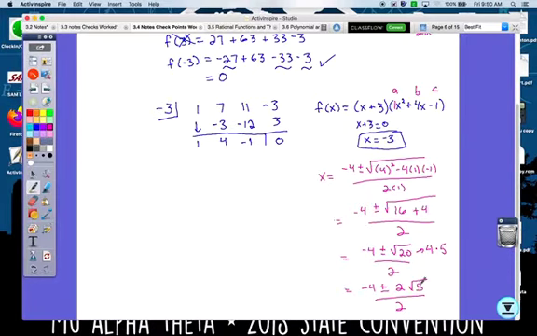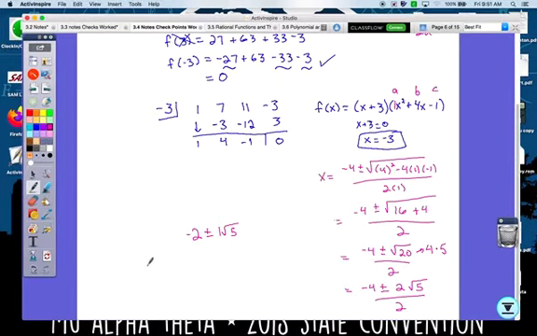And once you have that radical simplified, you can look at all the numbers outside the radical and say, hey, are all those divisible by the same number? And in fact, they are, so you can divide each of those numbers by 2. So you have negative 4 divided by 2, which gives me a negative 2, plus or minus the 2 divided by 2, which gives you 1, times the square root of 5.